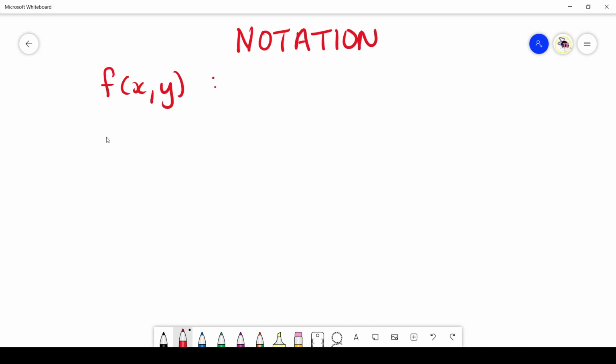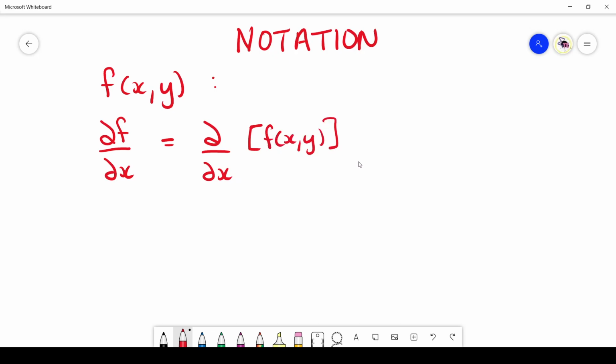For example, you can find the partial derivative delta f with respect to delta x. Sometimes you can see this written as follows instead. You can have delta x of, and then they'll write the entire function as given in square brackets.